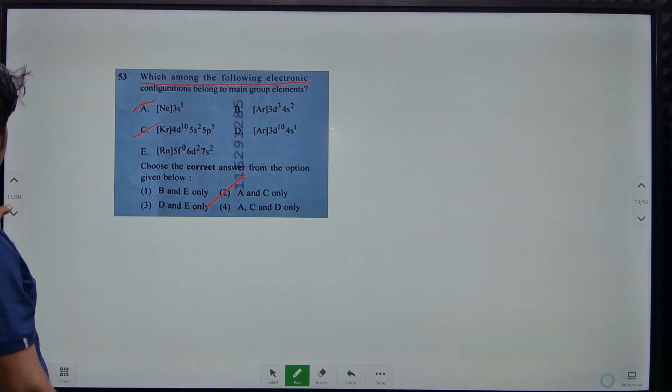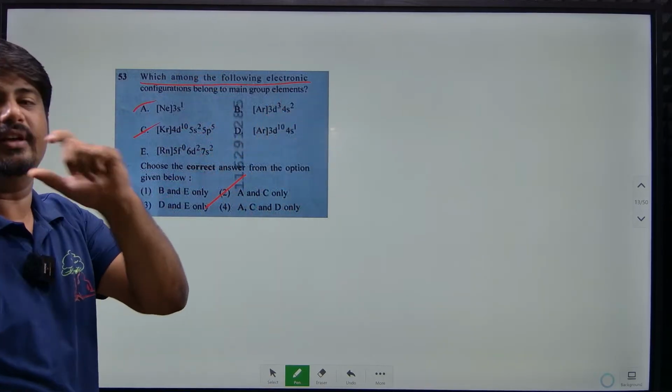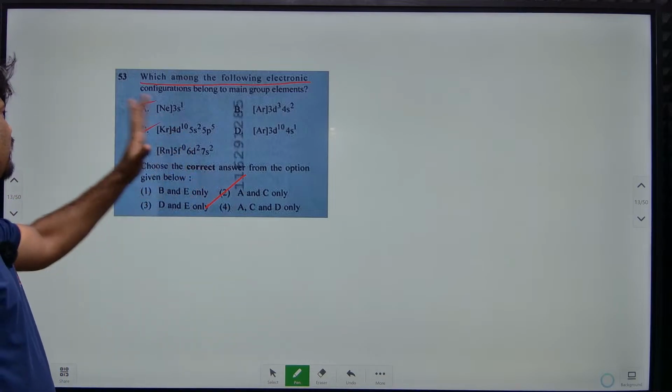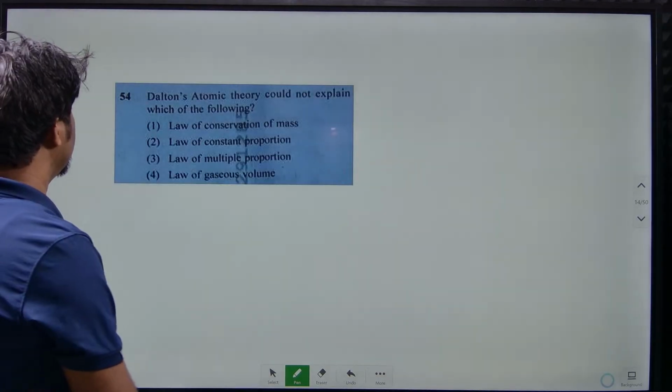How they belong to the main group, tomorrow I am going to give the complete descriptive information for the question. Tomorrow I am also in a live session. Well, go to the next.